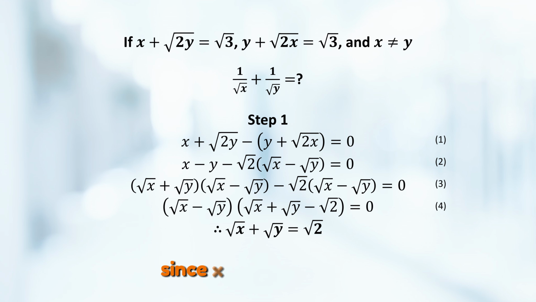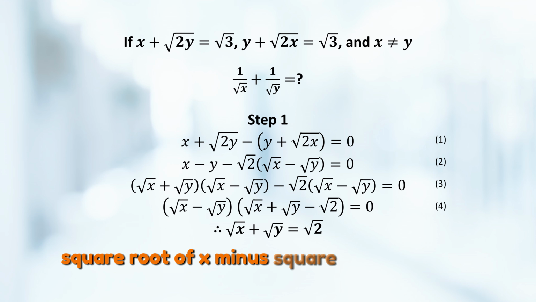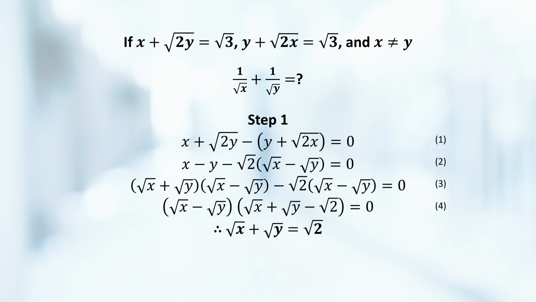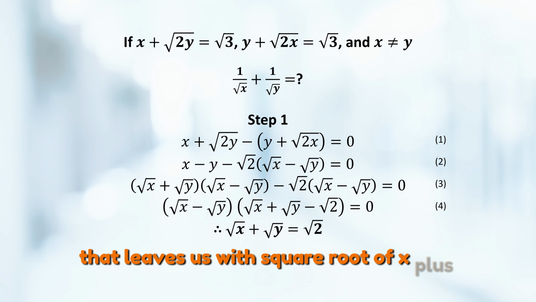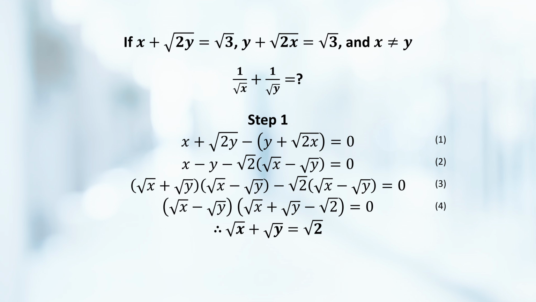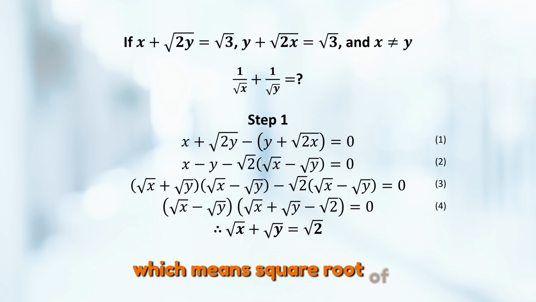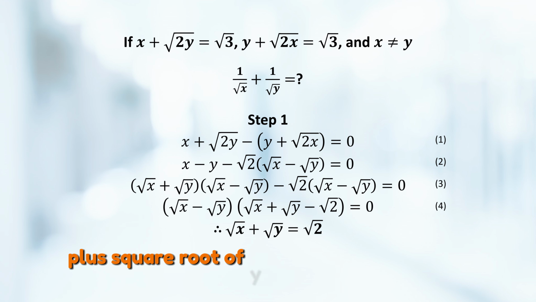Since x is not equal to y, square root of x minus square root of y does not equal 0. That leaves us with square root of x plus square root of y minus square root of 2 equal to 0, which means square root of x plus square root of y equals square root of 2.